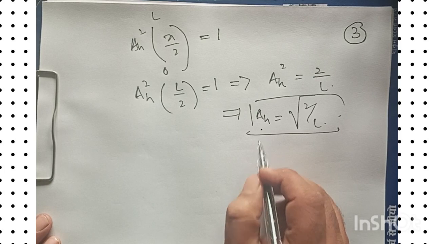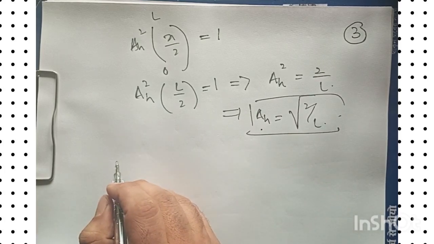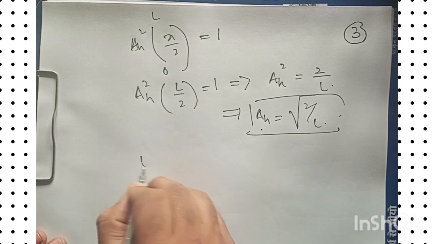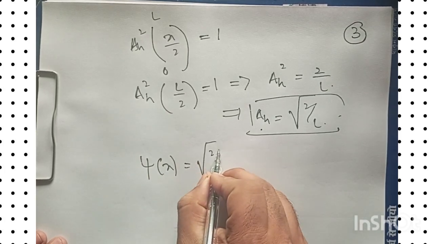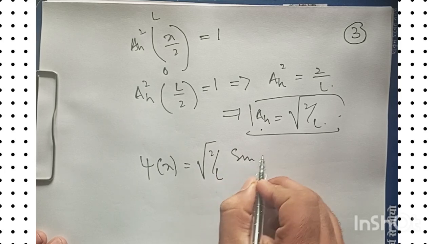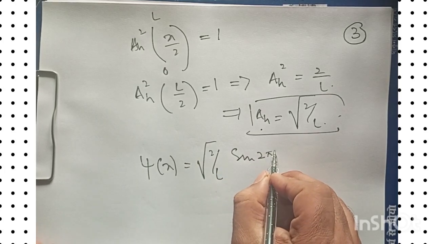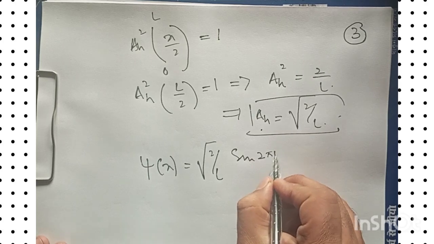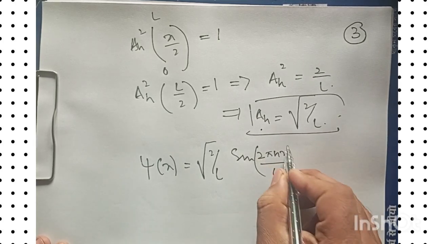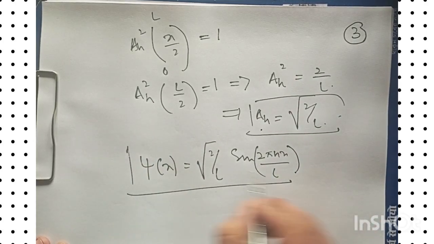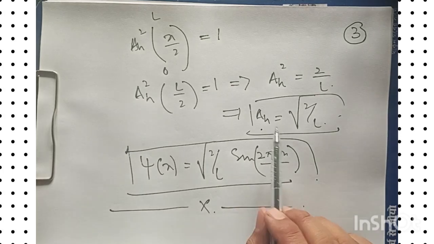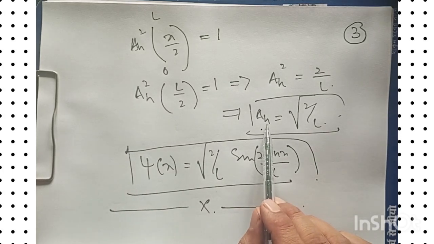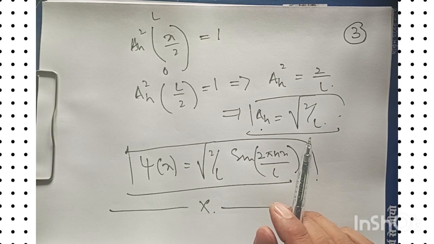So what we have done is we have normalized this wave function, which was psi of x is equal to An. Instead of An, I would like to write root 2 by L sine of 2 pi n x by L. So this is the normalized wave function, and we have calculated the value of this constant An using normalization.